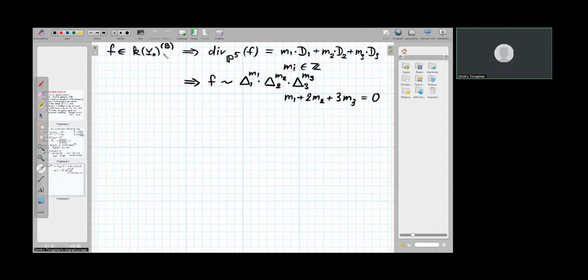As I said, any B semi-invariant rational function is of this form with this condition, up to a multiple.